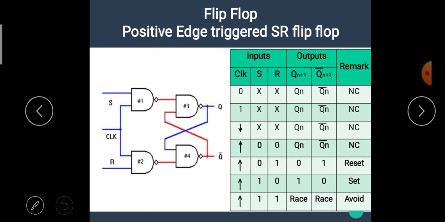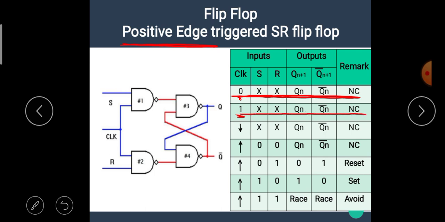Let's see once again. We see here the positive edge triggered SR flip flop. When the clock 0 occurs, that means the low level of the clock occurs, then there is no change in the input and output. Similarly, when the positive level or the high level occurs, there is also no change.